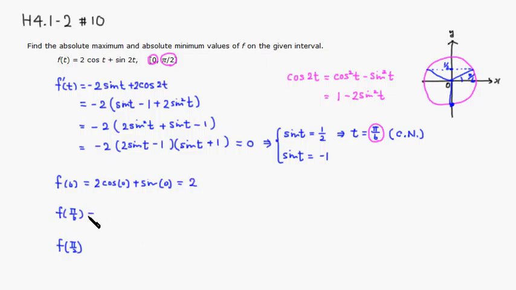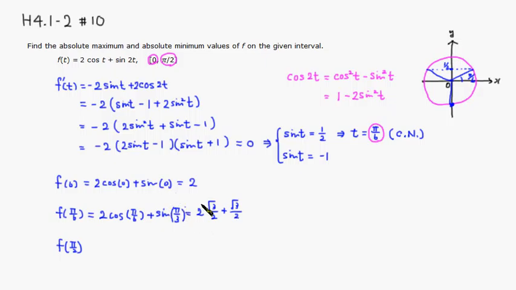For pi over 6, we have 2 cosine of pi over 6 plus sine of, you have to multiply by 2, so it's pi over 3. So that's going to be 2 times cosine of pi over 6, which would be square root of 3 over 2, plus sine of pi over 3, which is square root of 3 over 2.